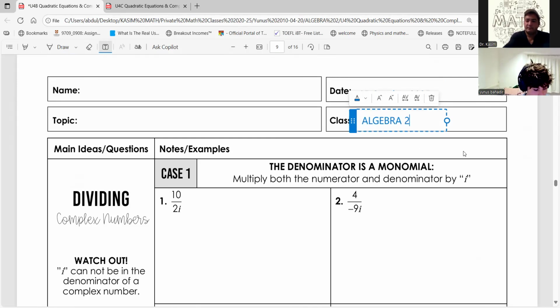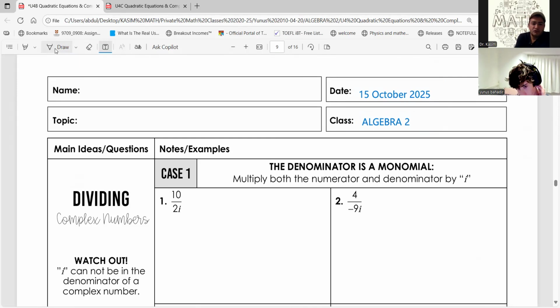Conjugates, you remember? So to change a complex number to a real number, we have to multiply it by its conjugate. If you're given a plus bi, if I multiply this by a minus bi, its complex conjugate, I will get a real number, which is equal to a squared plus b squared, right?